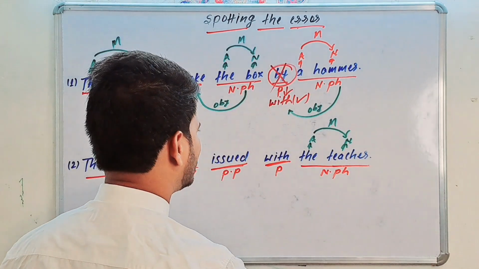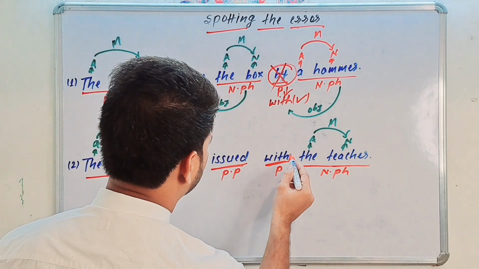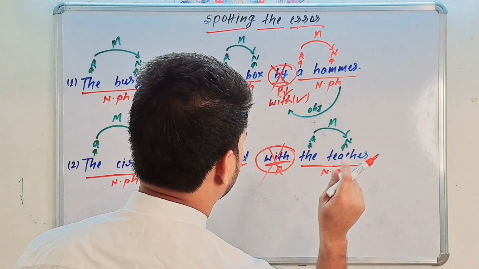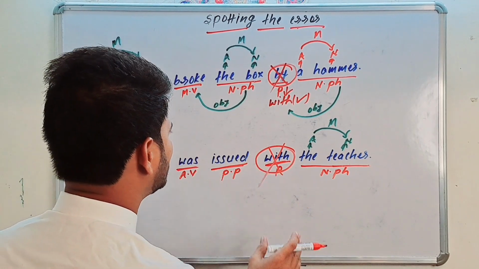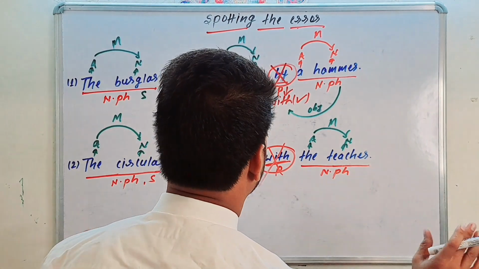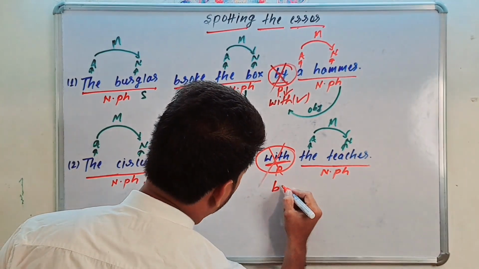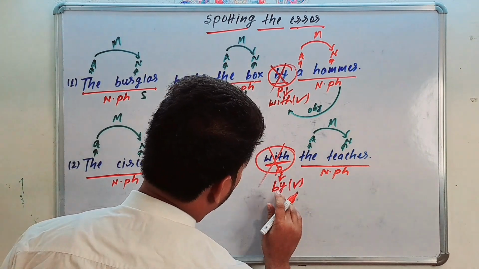I have discussed that many times, and this is the error part, my dear friends. Don't use with for the doer. The circular was issued by the teacher, not with the teacher. This is the error part. Use by. This is the right use.